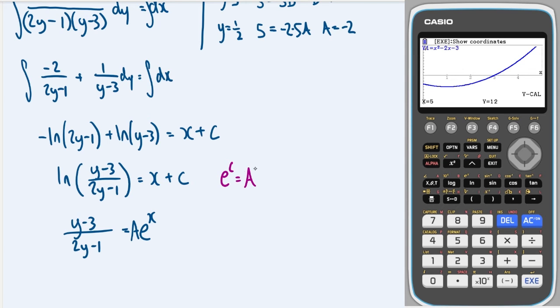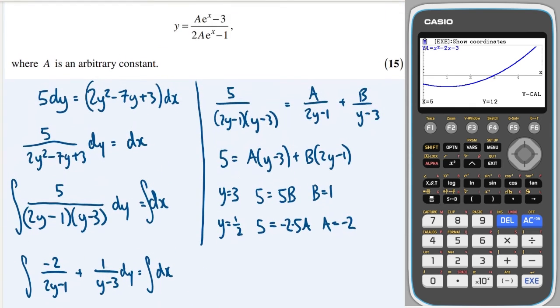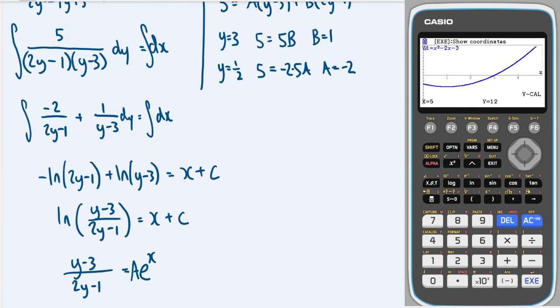Okay, and let's have a look at the form they want it in. Is that y is the subject. So we just need to do some GCSE maths and just make y the subject. So because it occurs twice, we're going to need to multiply it to the other side and then factorise.